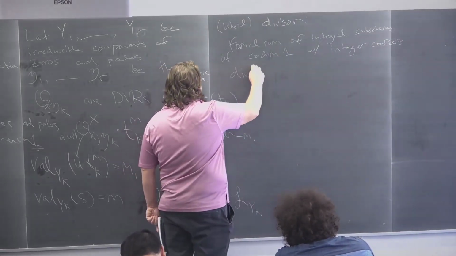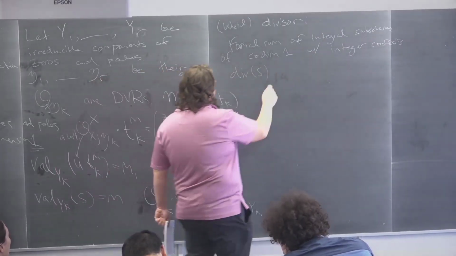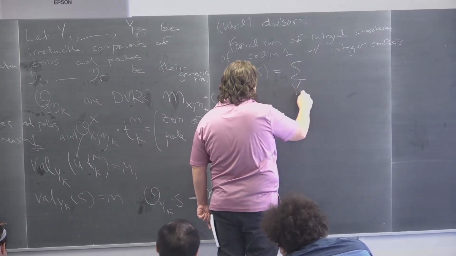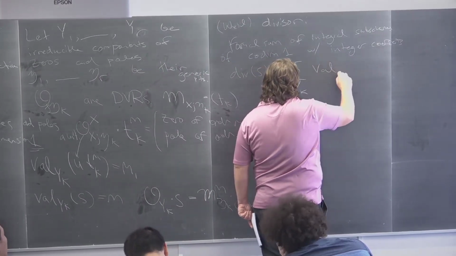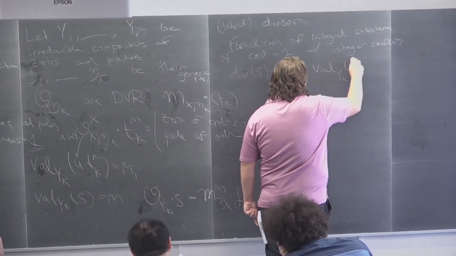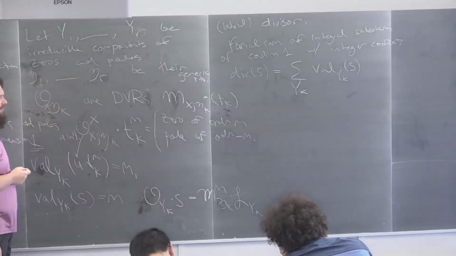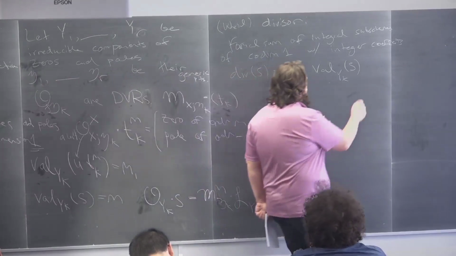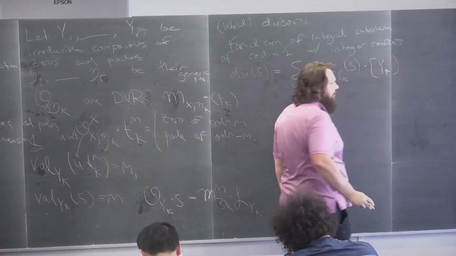If I look at div of S, that means I take the sum over these y k's of the valuation on y k of S. So I look generically at what order S vanishes or has a pole on y k. I multiply that by the formal symbol for y of k.